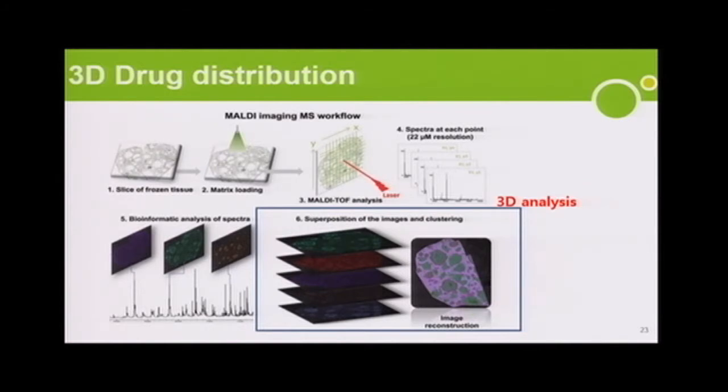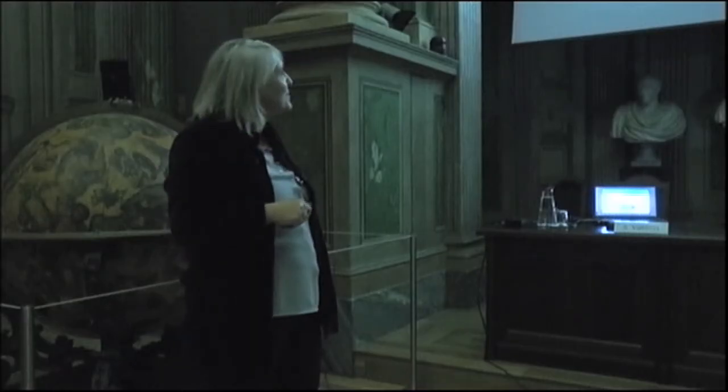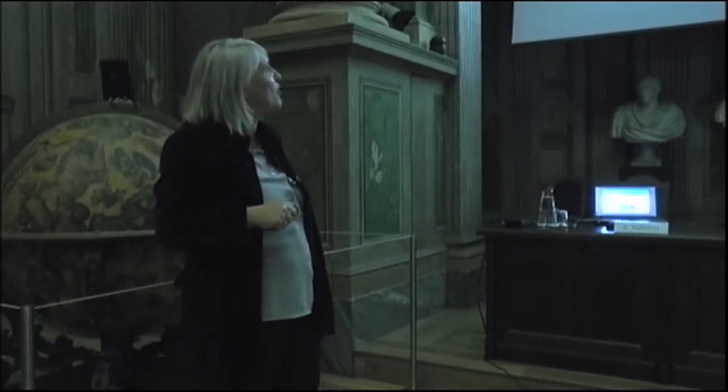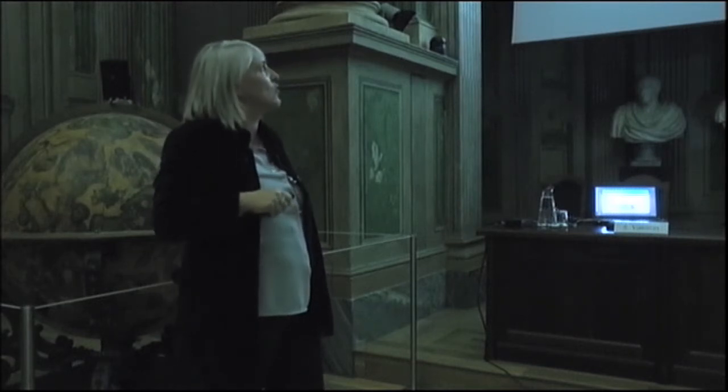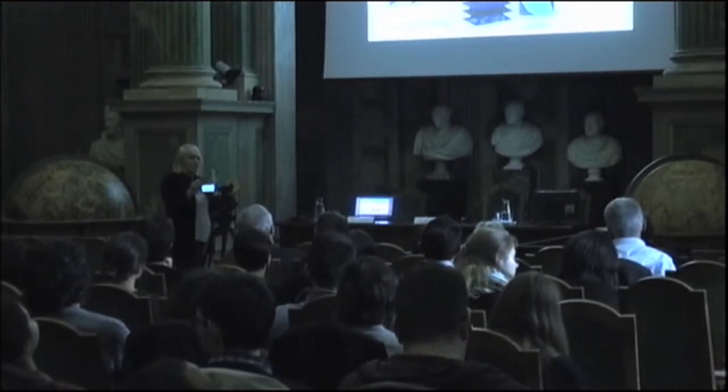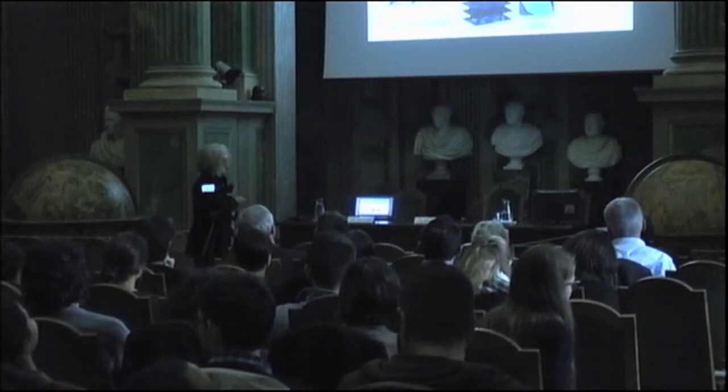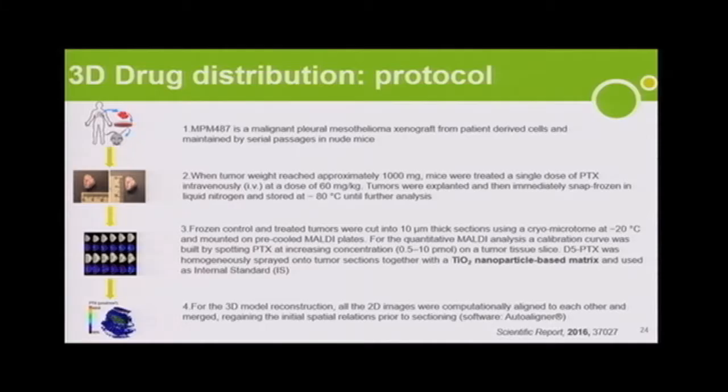We want to obtain 3D images of the distribution of our drugs. The protocol is quite the same. There's only the last part that is very hard, because we have to superpose a lot of images in order to obtain the reconstruction of a 3D image. This is the protocol.